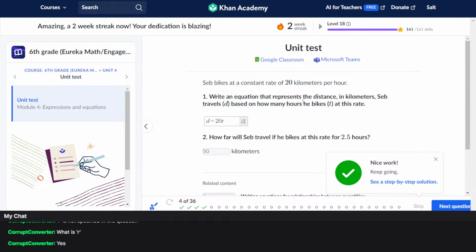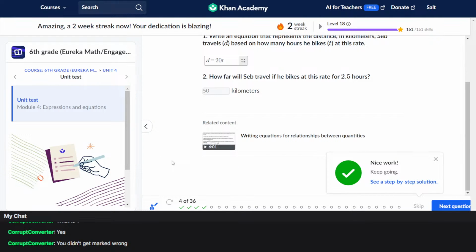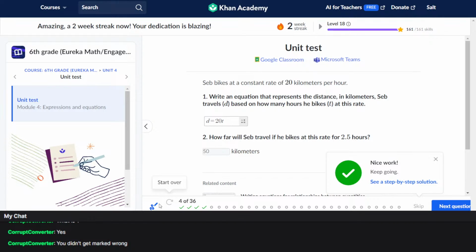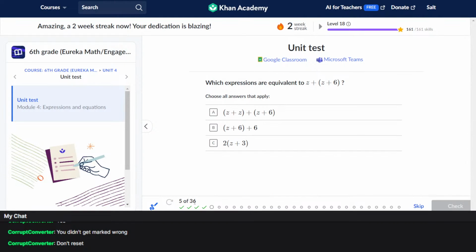It shouldn't matter. 20 is R. This is cheating. I'm getting cheated. Converter says yes. I'm so sad. Oh wait, it didn't mark it. That's why you said you didn't get marked wrong. It was just saying we want it written differently. Okay, I didn't get cheated. I just got annoyed. That's fine.